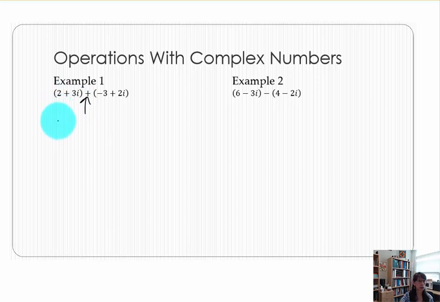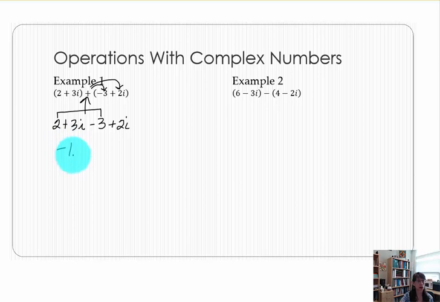So our first quantity gives us 2 plus 3i. This addition sign, remember, is distributed to each term in the quantity. So a positive times -3 is still -3, and a +1 times +2i will give us 2i. So 2 minus 3 are the real number portions to combine.